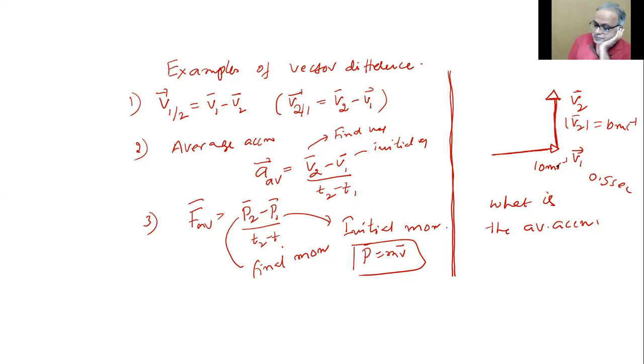If you're doing it like scalars, you'll say the acceleration is 10 minus 10 by 0.5, so 0. Is it 0? No. Why is it not 0? A force was applied to change the velocity. So force is there means acceleration is there. You cannot say that the acceleration is 0 here. Do you understand this?